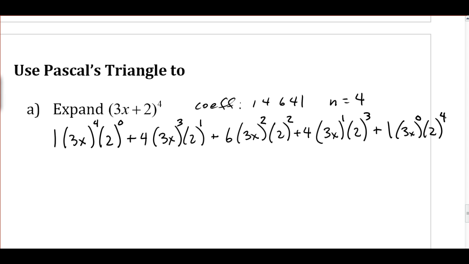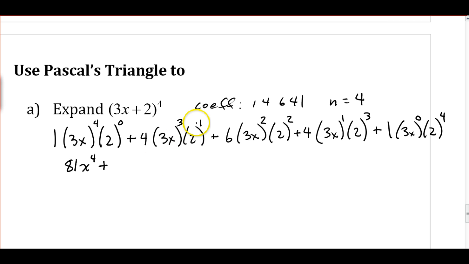Alright, and then we could just start simplifying. So we've got 3 to the 4th and x to the 4th, so that's 81 x to the 4th, 2 to the 0 is 1, plus, and then we've got 4 times 3 cubed, which is going to be 108. So I have 108 from 4 times 3 cubed.